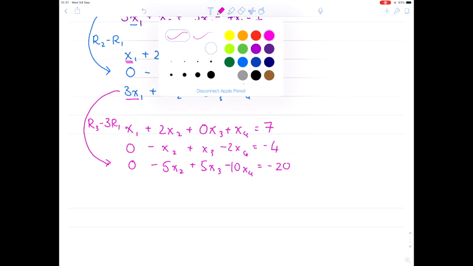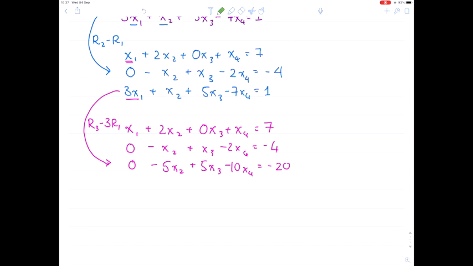Okay, the next thing that we want to do is get rid of this 5. So we don't want to end up reinserting an x1, which would happen if we added or subtracted a multiple of row 1.